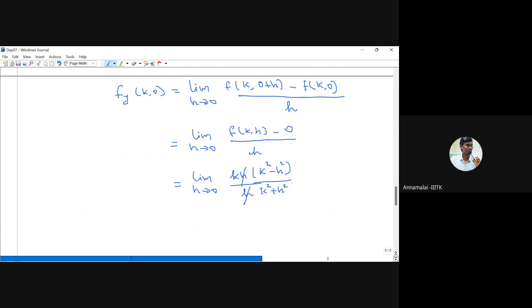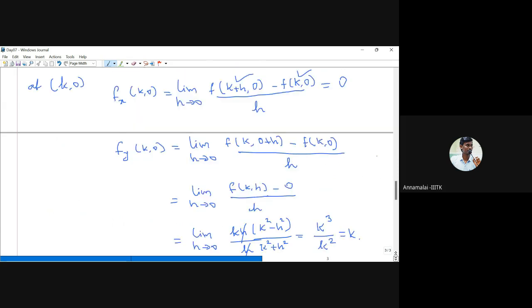Now if h approaches 0, in the numerator we have k cubed, because h squared is 0, and in the denominator we have k squared. Therefore we get k, which is some fixed constant. If we take k equal to 2, at the point (2, 0), then the derivative is 2. So the derivative with respect to y exists at the point (k, 0) for any non-zero k.